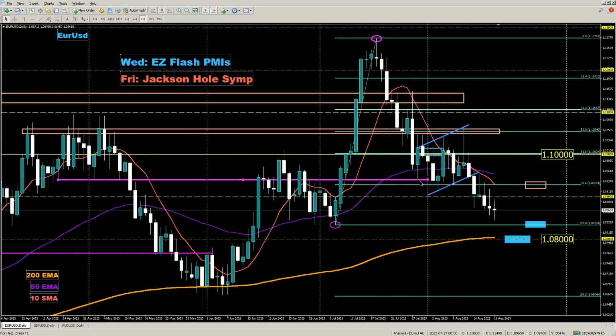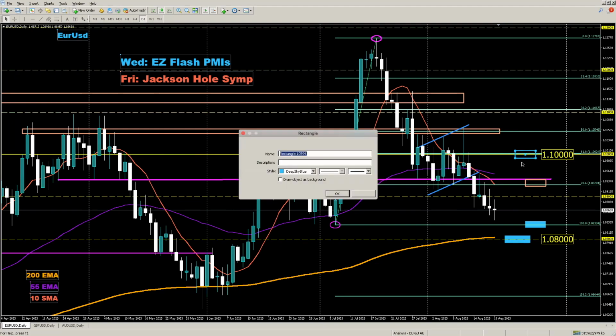And there is also a swing low support area, which will now turn into resistance, which will add to the resistance zone. And of course, at the 110, that's going to be a major resistance now.